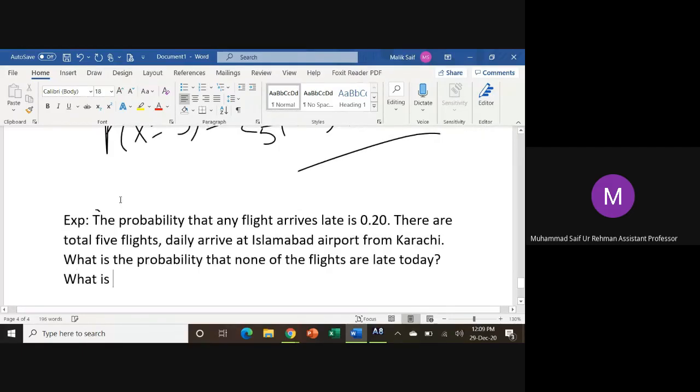Then what is the probability that exactly one of the flights is late today? So this question you may confront with. So how will you solve it?